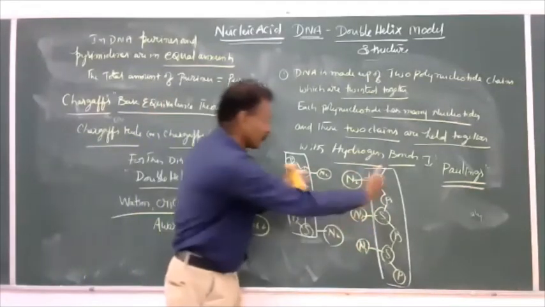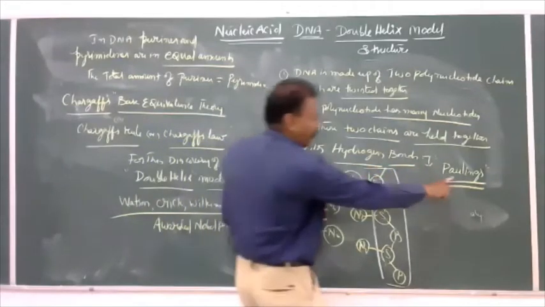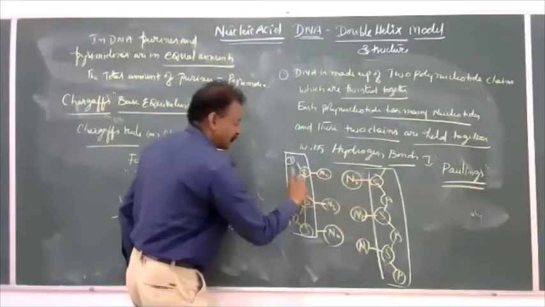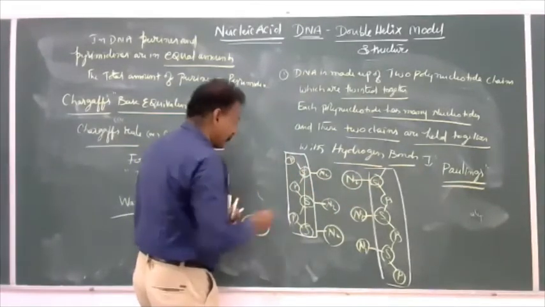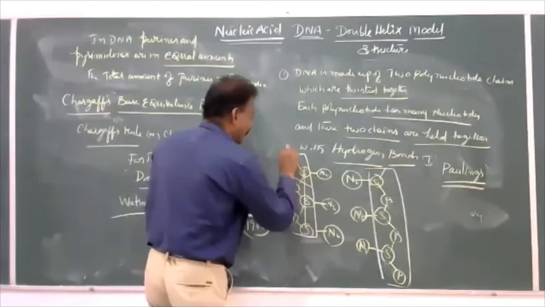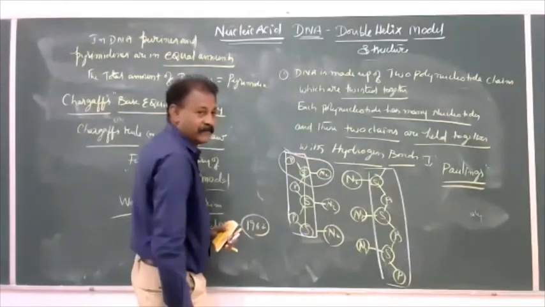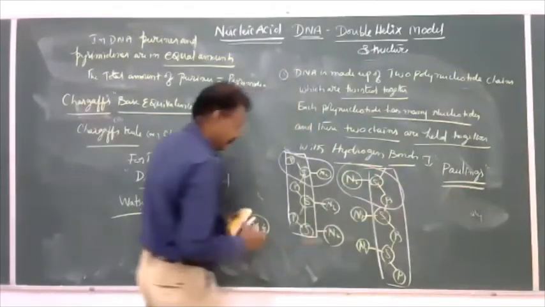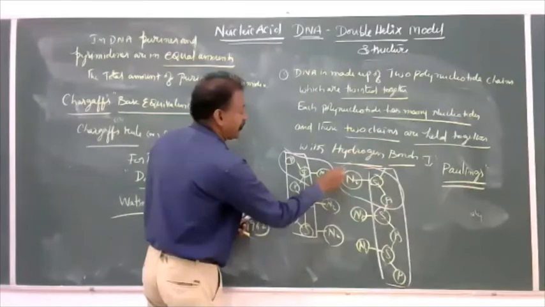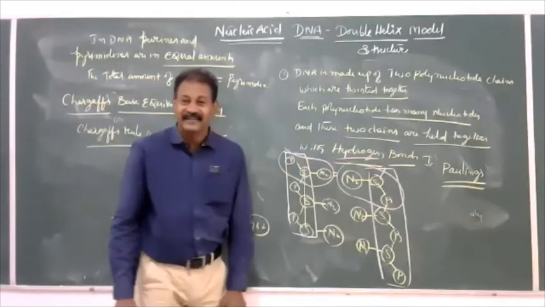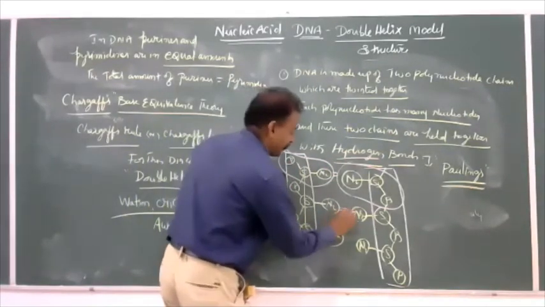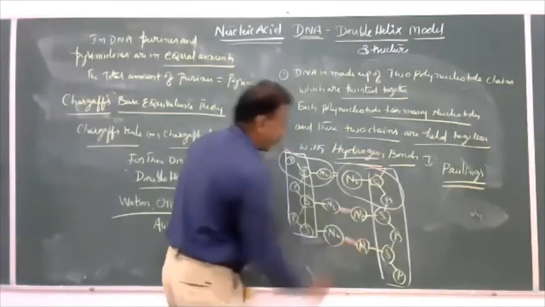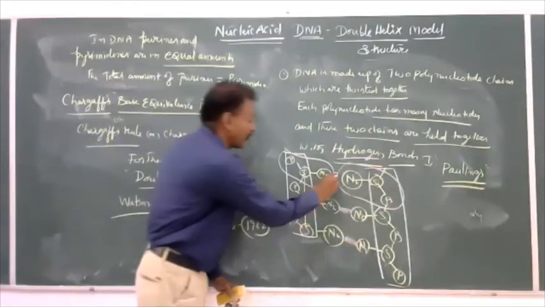N2 bases are projecting inside, and according to Pauling, between one nucleotide of one chain and another nucleotide of another chain, there is a bond. These bonds are called hydrogen bonds. Between bases of opposite chains, hydrogen bonds are there.